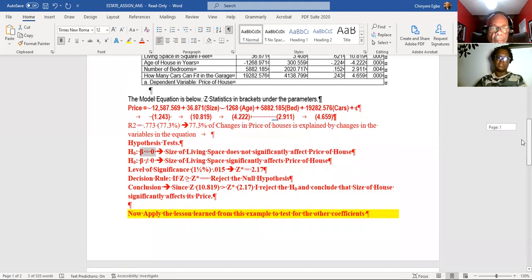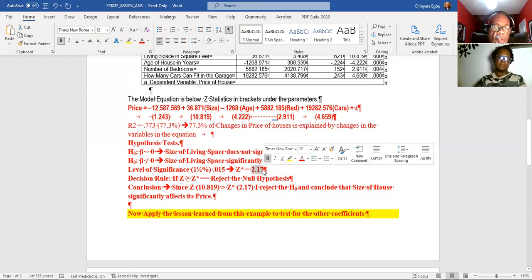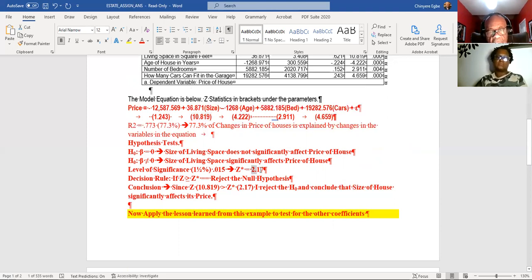So now we are testing at 0.015 level of significance, or 1.5%, and the critical Z value is 2.17. So we compare each of these calculated Z values against the critical Z value.